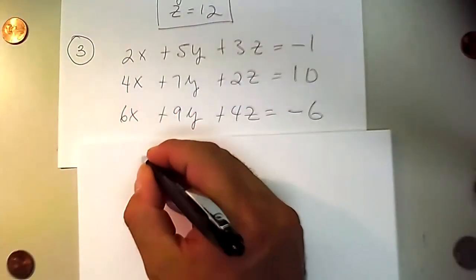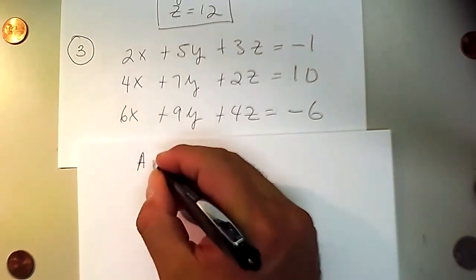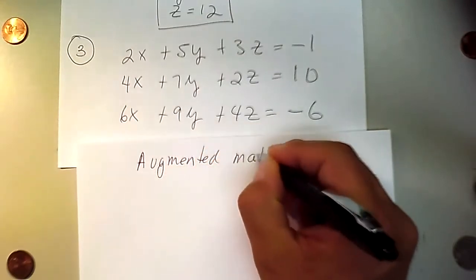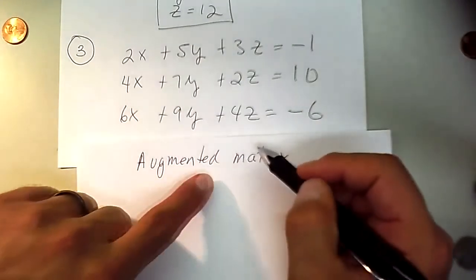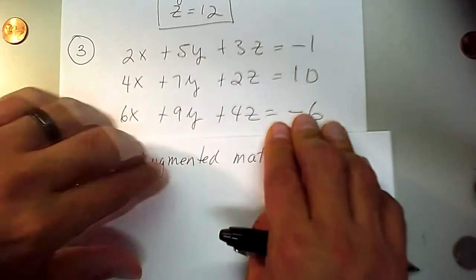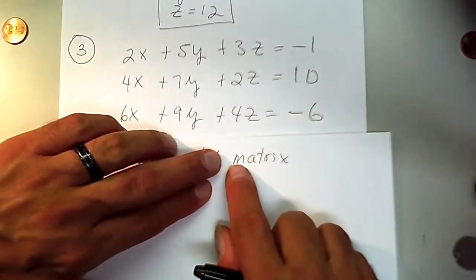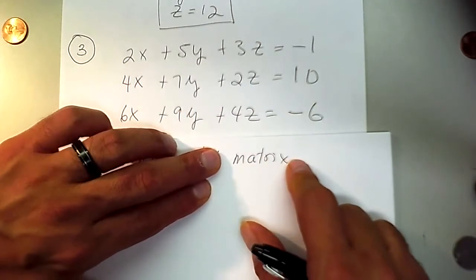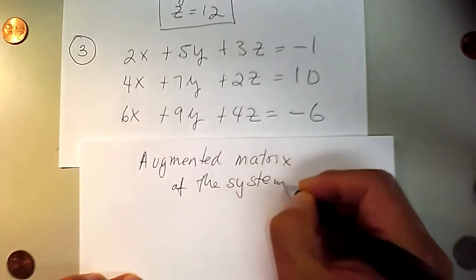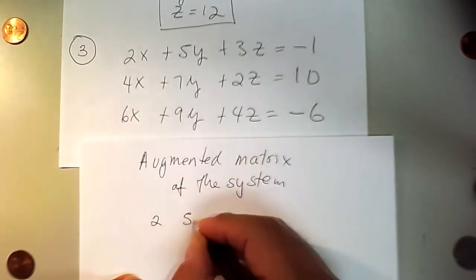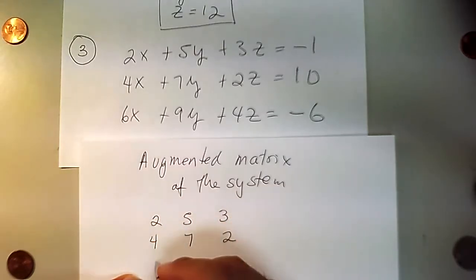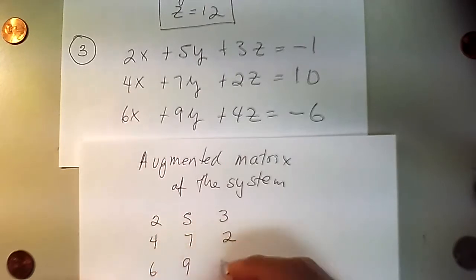So what is the augmented matrix corresponding to the system? Now, the matrix without being augmented means without this column, without the constants. If we just call for the matrix of the system, it would be 2, 5, 3, 4, 7, 2, 6, 9, 4.